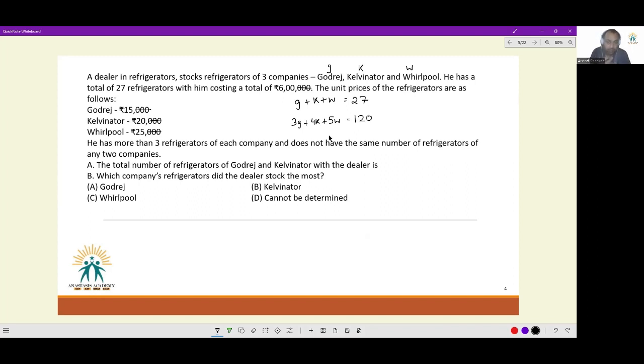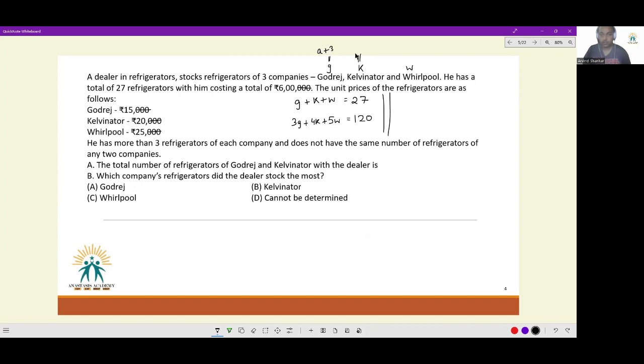But remember, there is something wonderful that is told. We are told that three items of each of these variants are already present. So I'm saying, let G be equal to A plus 3.